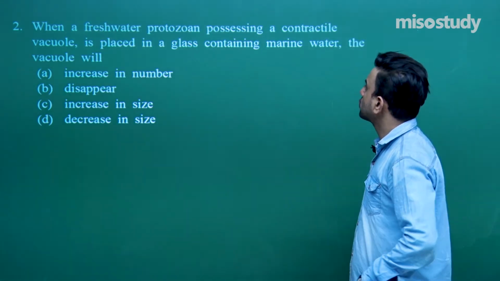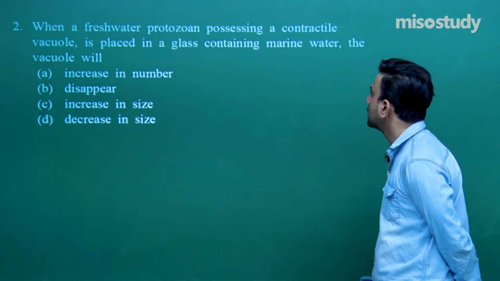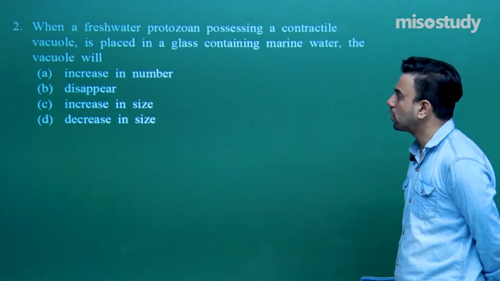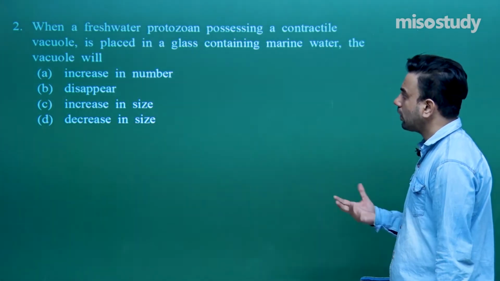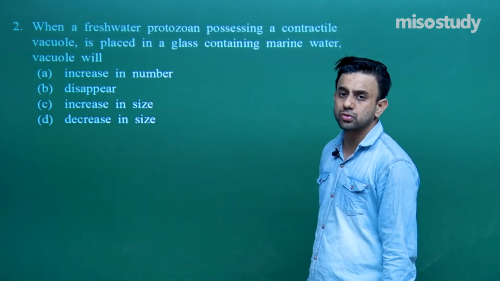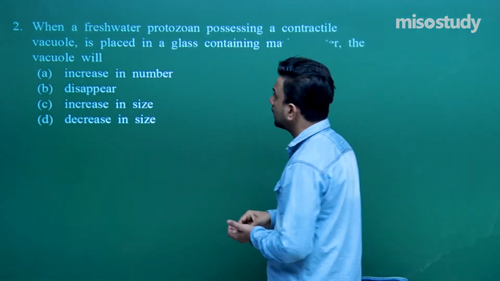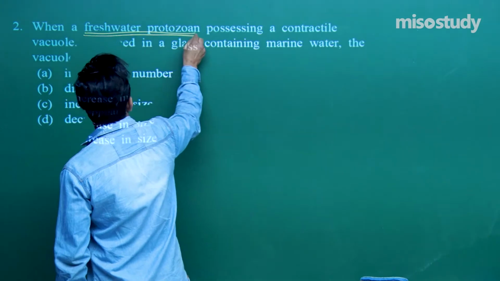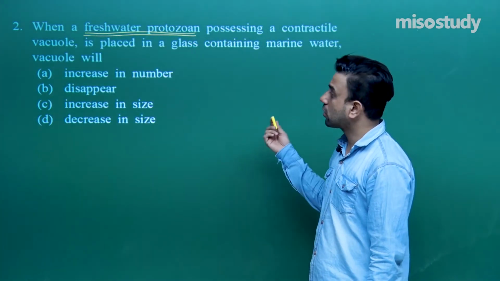When a freshwater protozoan possessing a contractile vacuole is placed in a glass containing marine water, the vacuole will, okay, suppose first of all you do not know what a freshwater protozoan is. We have talked about the protozoans. So first we should know that we get hold of this protozoan, and it has a contractile vacuole.